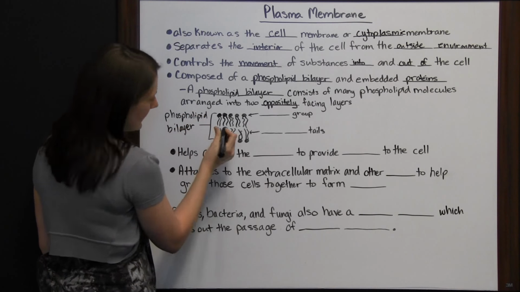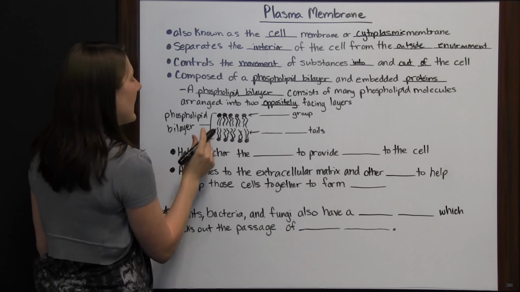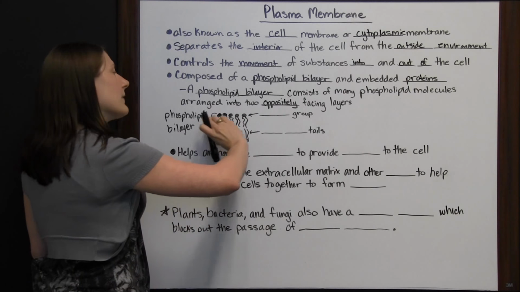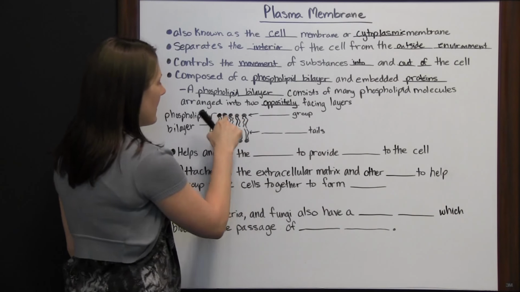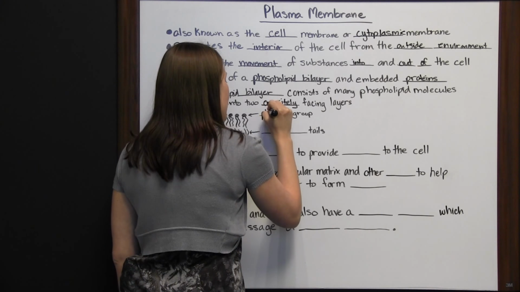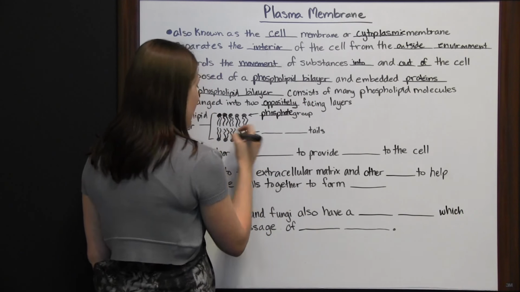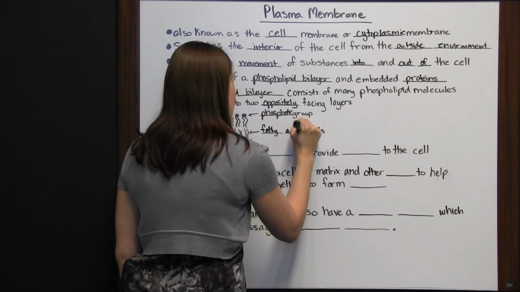So bilayer because it's technically two layers of these phospholipids, and you can see how it kind of looks like it could be making a wall, and this whole thing would go all the way around the cell. Now, these top parts are phosphate groups, and these are fatty acid tails.